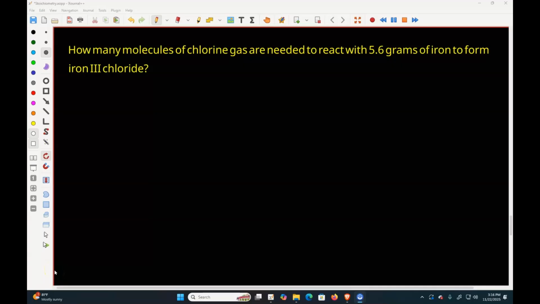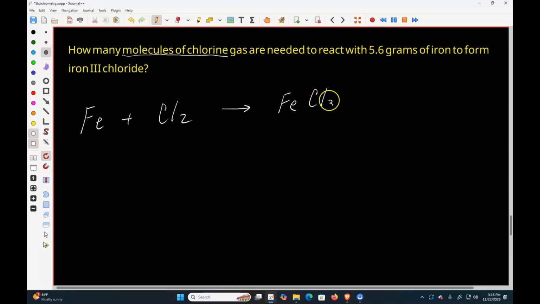How many molecules of chlorine gas are needed to react with 5.6 grams of iron to form iron 3 chloride? All right, so we're going to say iron plus chlorine yields iron 3 chloride.